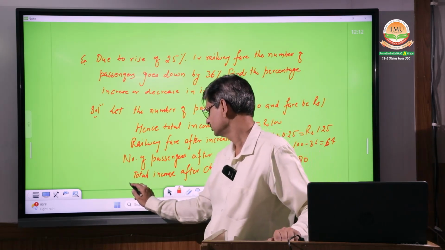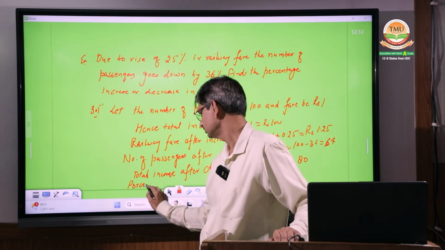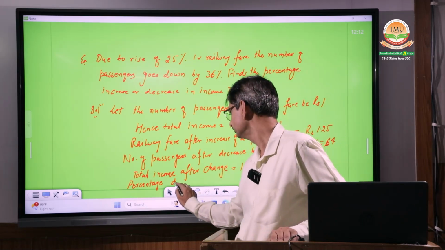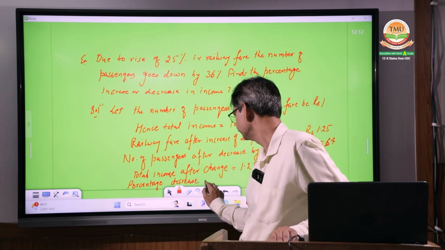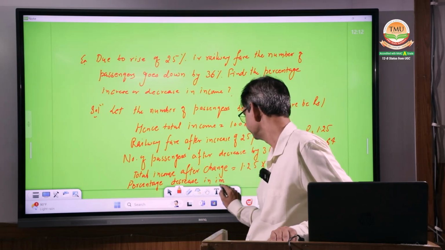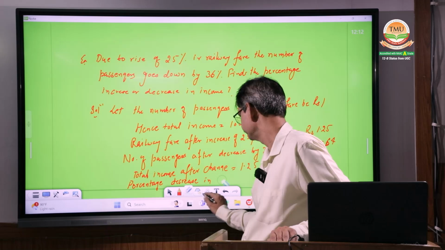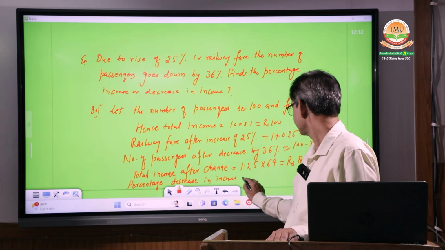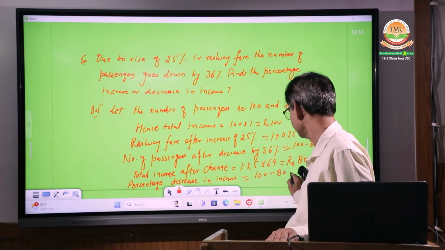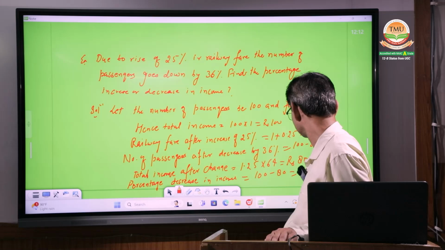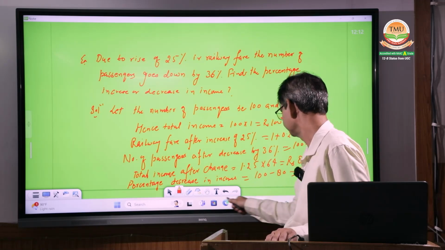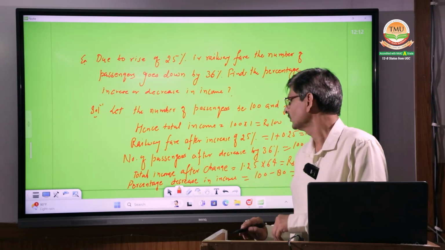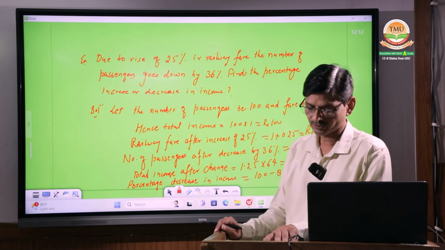Percentage decrease in income, that is 100 minus 80, that is 20%. This is the solution of this type of question.